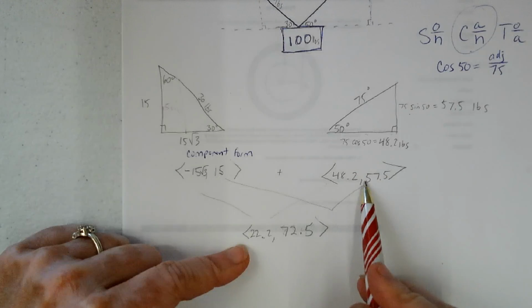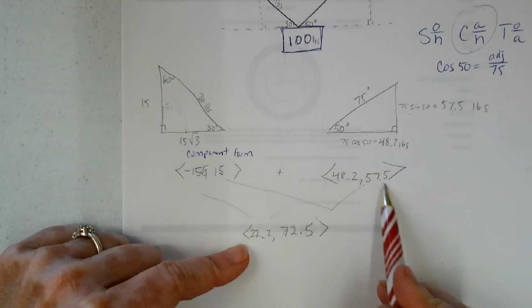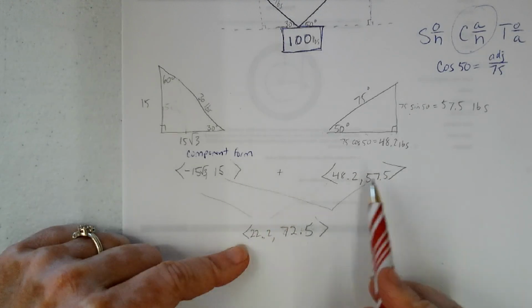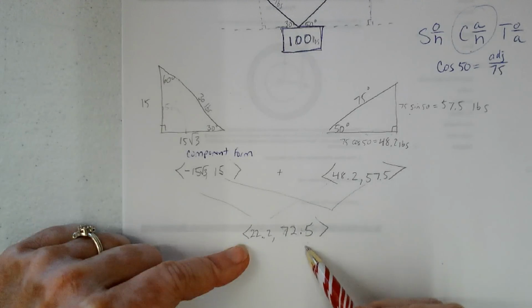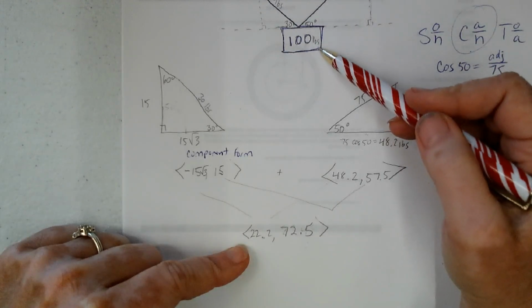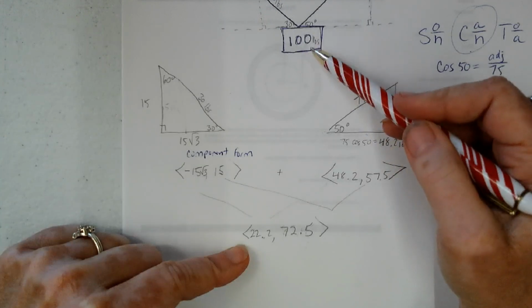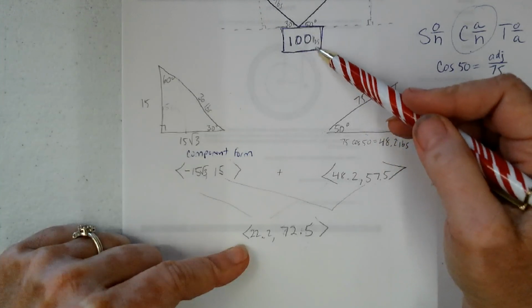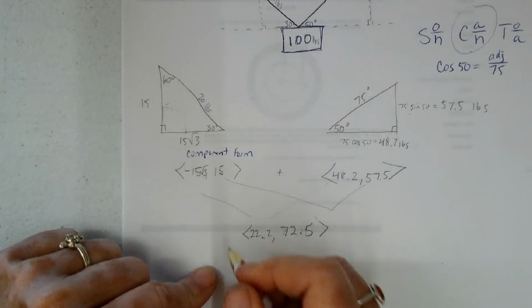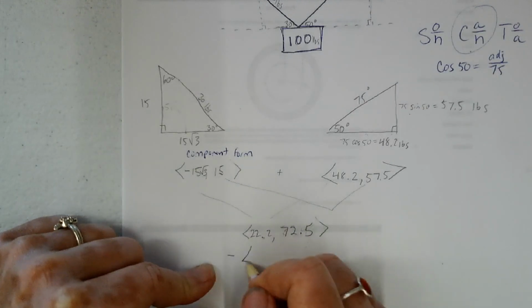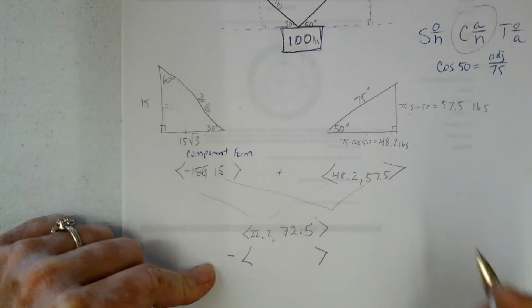These vertical components are what matters. When I add them together, they're not enough to overcome the downward component of our box. The way your book writes it is that we subtract the components of the box.